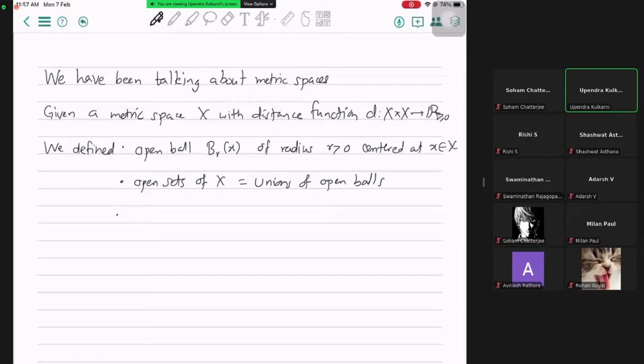And what are the closed sets? What is a closed set? X minus an open set. Right, so just complements of open sets.